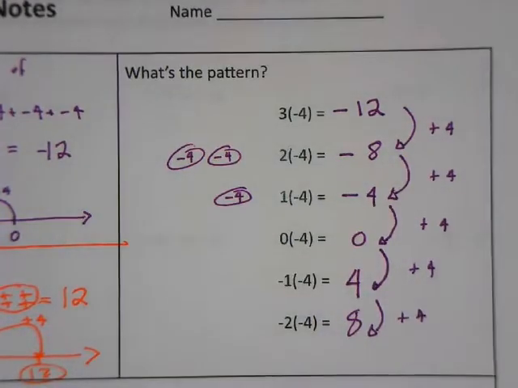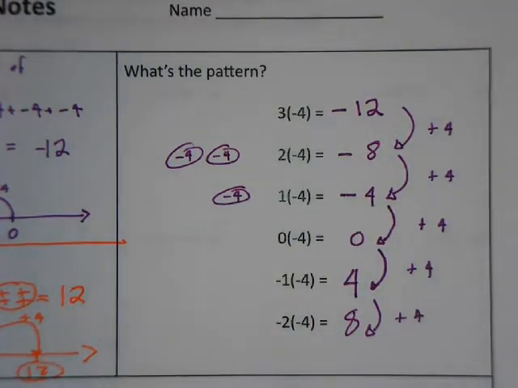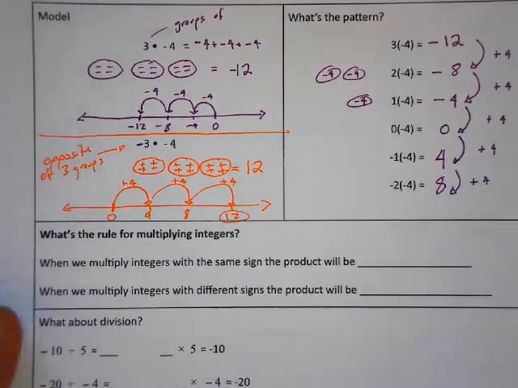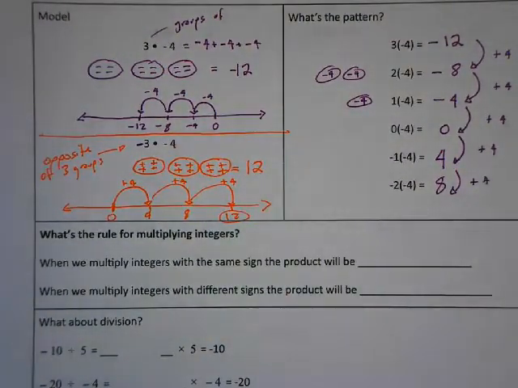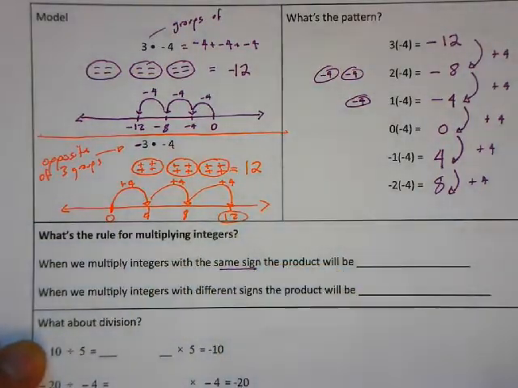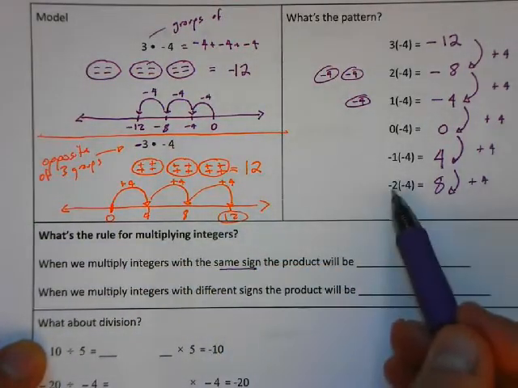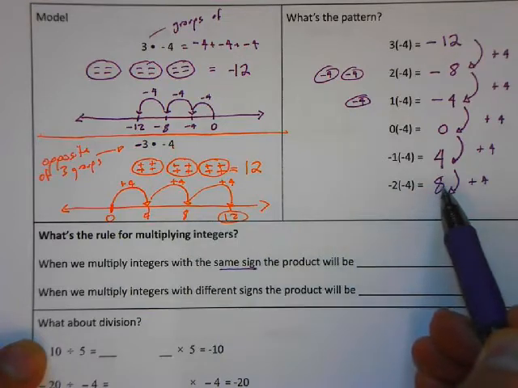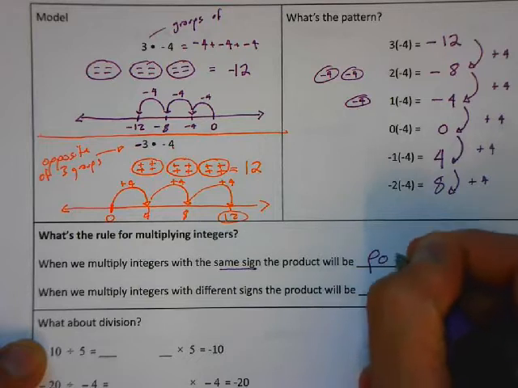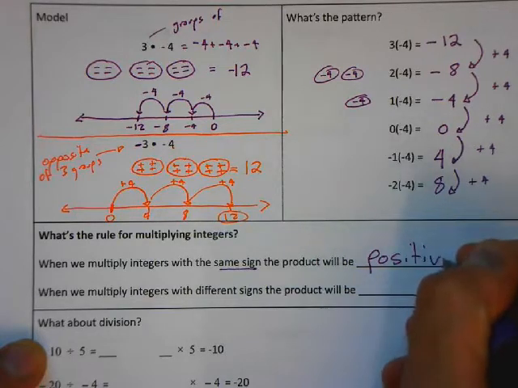Okay, so what's the rule? How do we do this without having to draw models or thinking about a pattern each time? Well, when we multiply integers with the same sign, looking back at the integers like negative 2 and negative 4, we ended up getting a positive number. So the product is going to be positive.